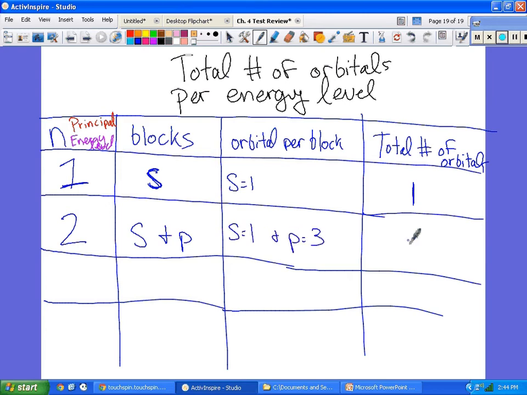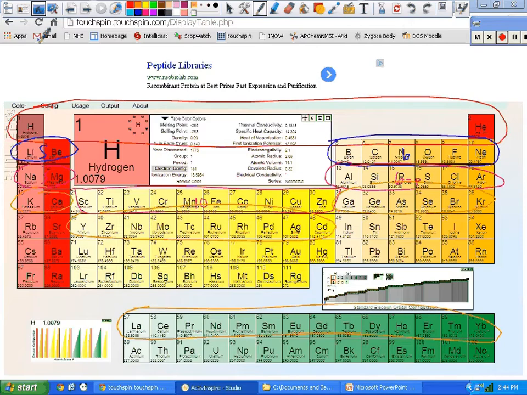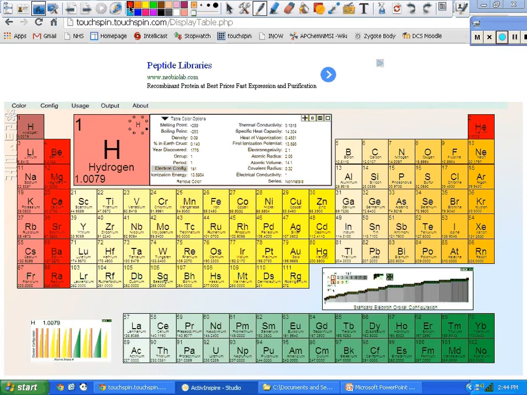Now let me show you on the periodic table what I mean. When N equals 2, I'm going to draw it with the blue line. So we're talking about here, and here. So this is only 1 orbital in the S, and there are 3 orbitals in the P. And that 1 plus 3 is 4, is what I mean by that.